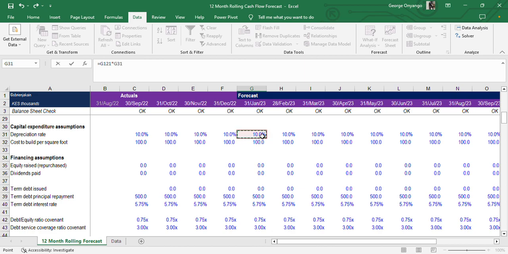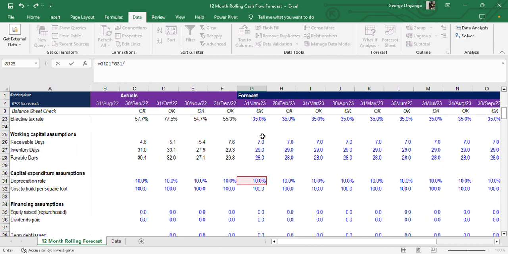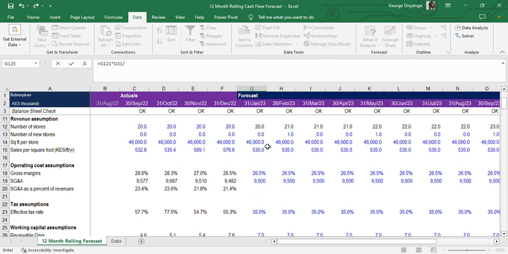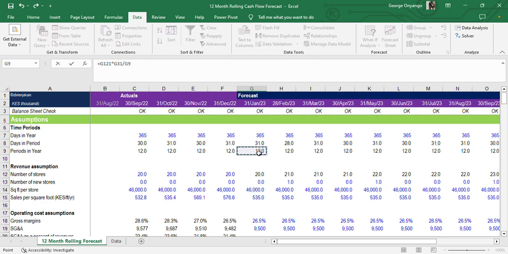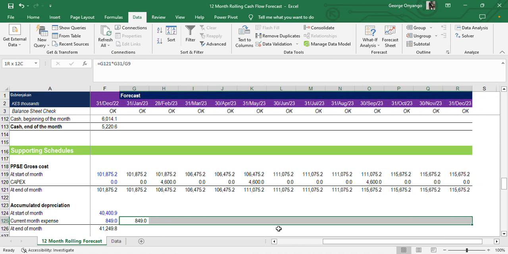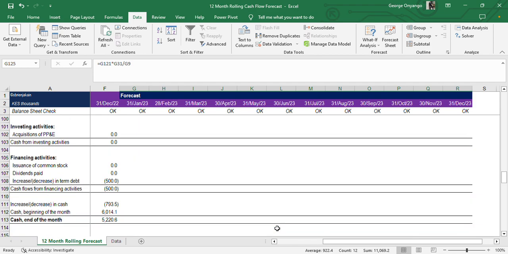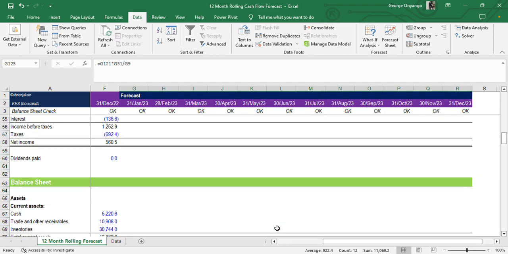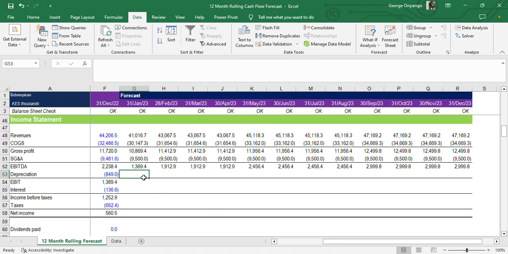Then because that one is in a year, we divide it by the number of periods in a year, which is that. So we are able to get that. We can fill that right, then kaboom. So those are the depreciation values. So we can come back here and fill in our depreciation values.